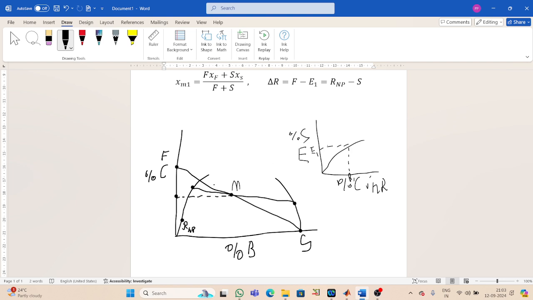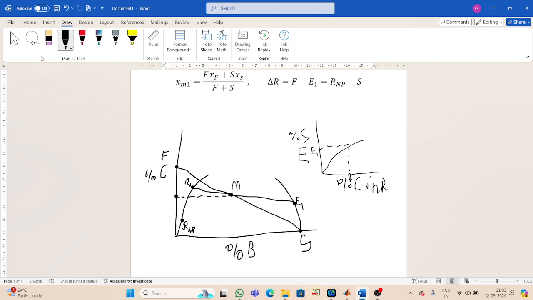To find this exact line, we have to do a couple of trials, but normally we will approximate it to come like this, in such a way that it passes through M, and we have E1 here and R1 here.